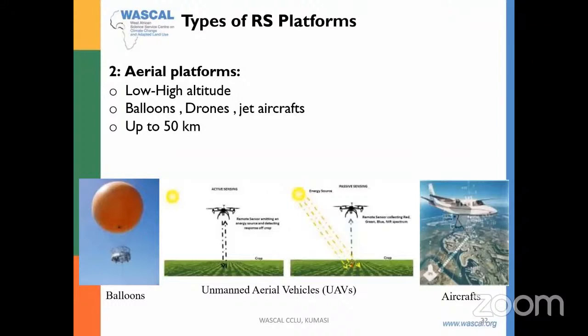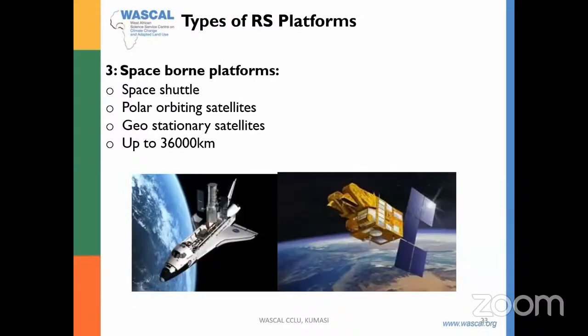On board these aircraft or platforms are sensors to be able to sense all these electromagnetic radiations for analysis. We have the space-borne, which goes up to about 36,000 kilometers into space, with these sensors or platforms also revolving around the Earth. Some are stationary.